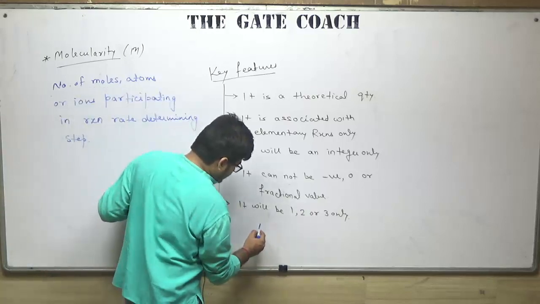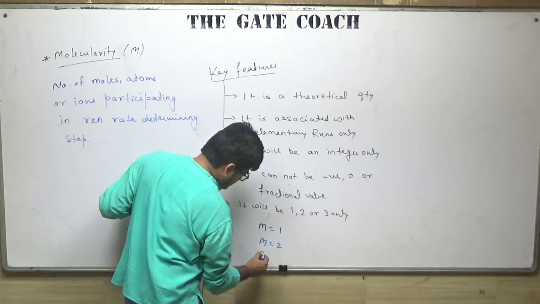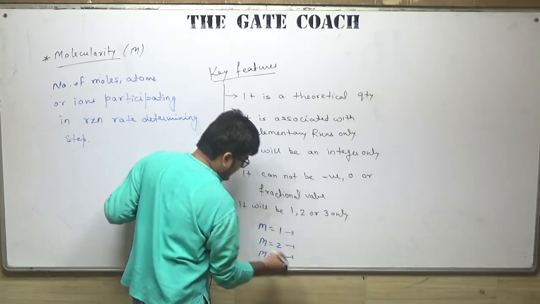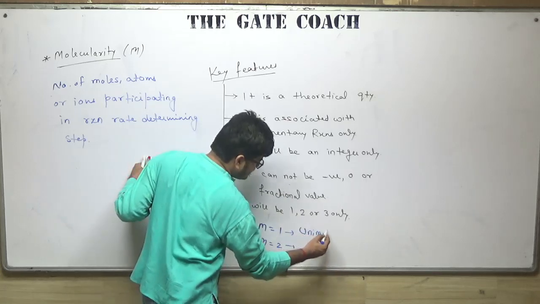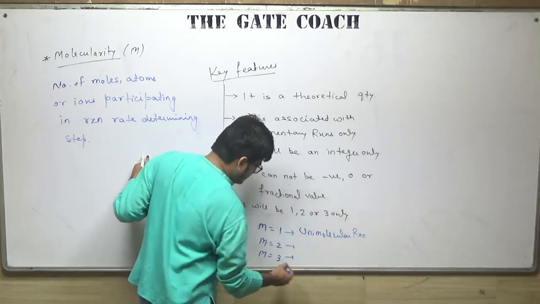So here, the reactions having molecularity 1 are also known as unimolecular reactions.